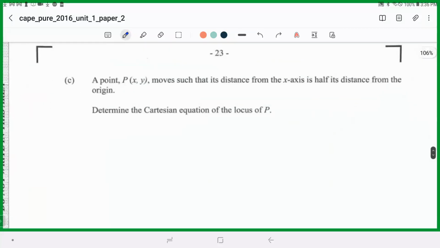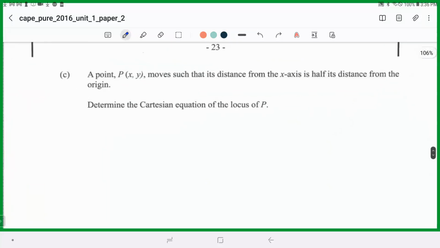The point P(x, y) moves such that its distance from the x-axis is half its distance from the origin. Sketch what they have said. That's all you have to do. When you sketch it, it becomes easy.